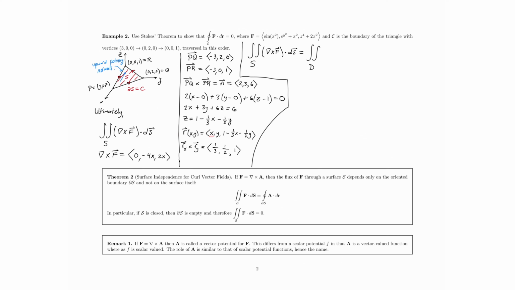Well, the x component is x, so x gets replaced with itself, so x remains x. So this just becomes the same thing. 0, -4x, 2x. We're going to dot that with our found normal vector here, which is 1/3, 1/2, and 1, dA.